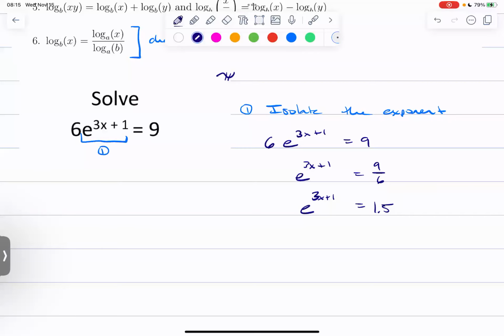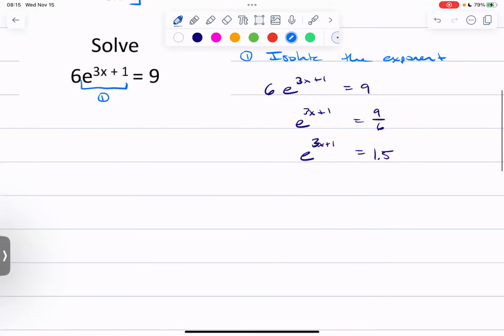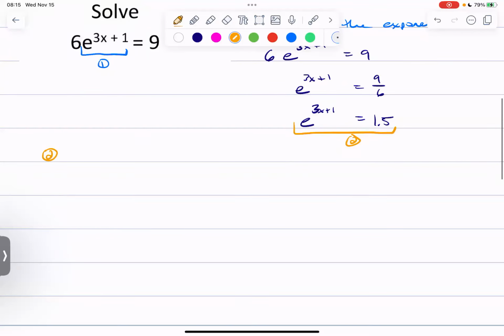So now what? We can take any log base, but when possible, it simplifies things a little bit if we take the log of the same base, right? And so now, step 2 from here is take the log, or take any log of both sides.